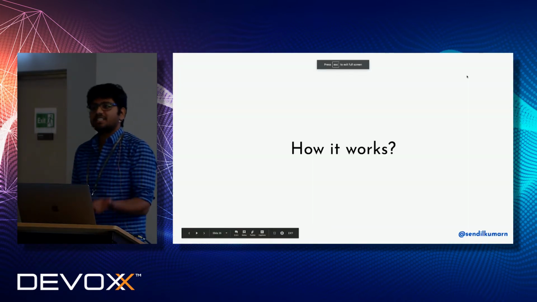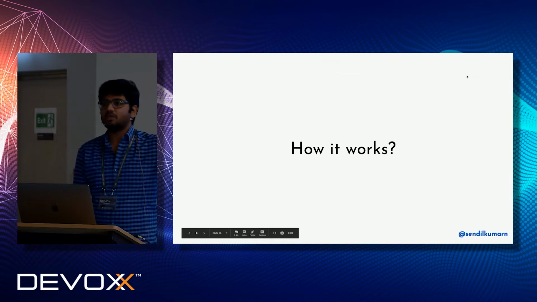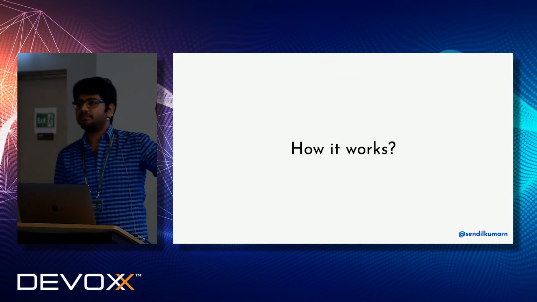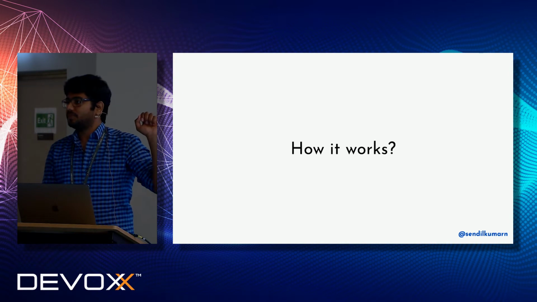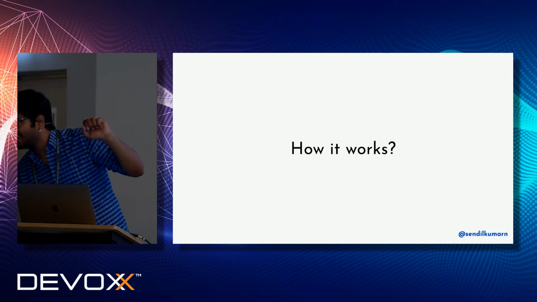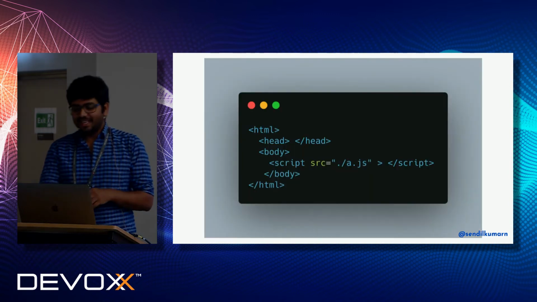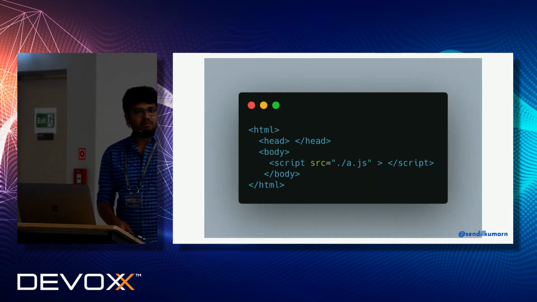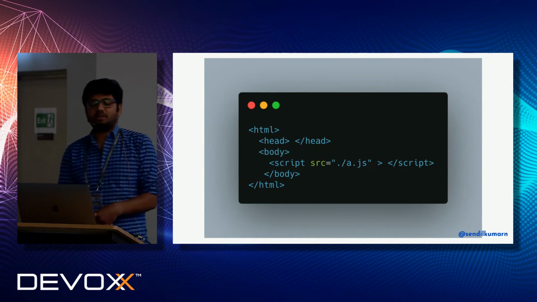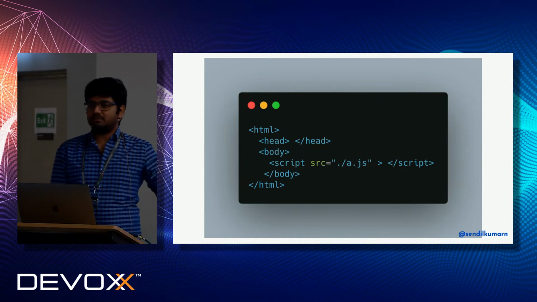But how does JavaScript work inside the browser? Anybody know how it works inside the browser? Of course, you should know if you're writing JavaScript. So you have this plain HTML file. Your browser goes to this index.html and finds a JavaScript link there.